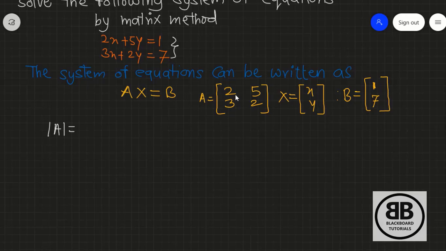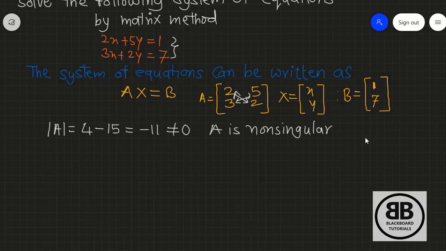Determinant of A is equal to, just cross multiply these elements: 2 into 2 that is 4, minus 3 into 5 that is 15. So this is equal to minus 11. This is non-zero, so the determinant is non-zero, which means our coefficient matrix is non-singular.